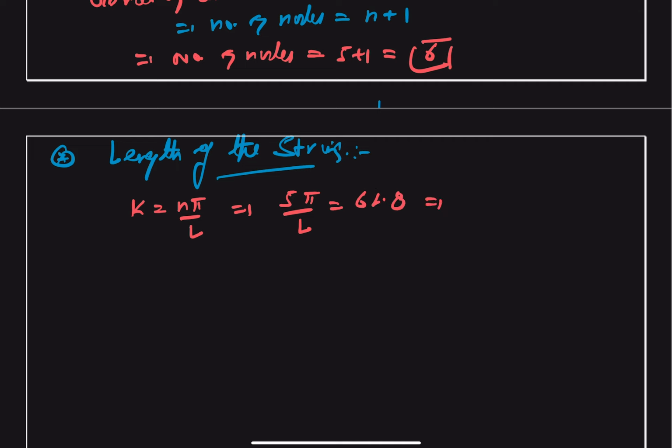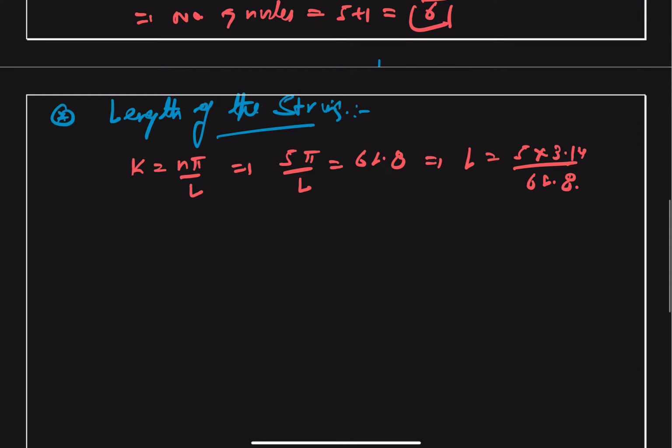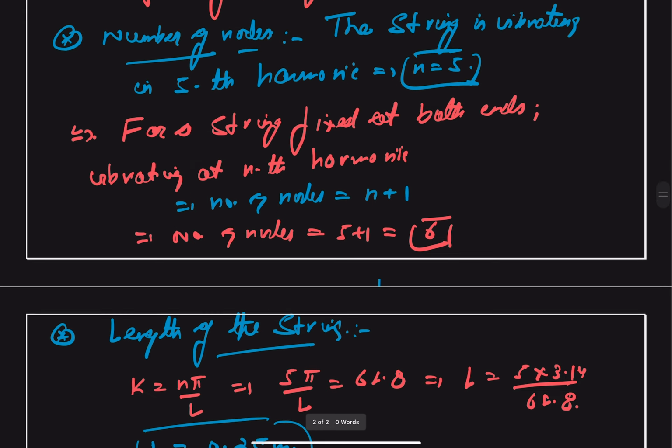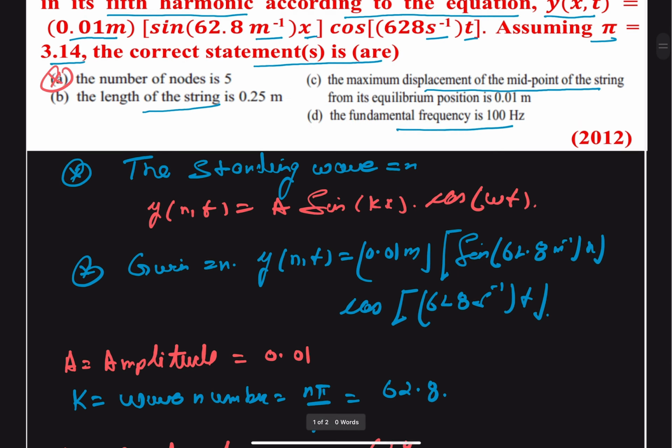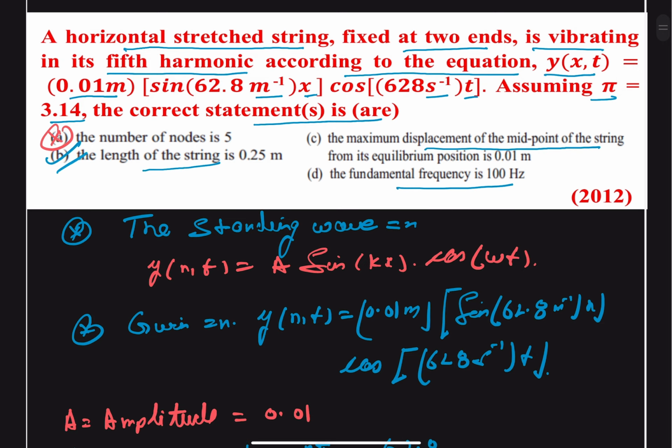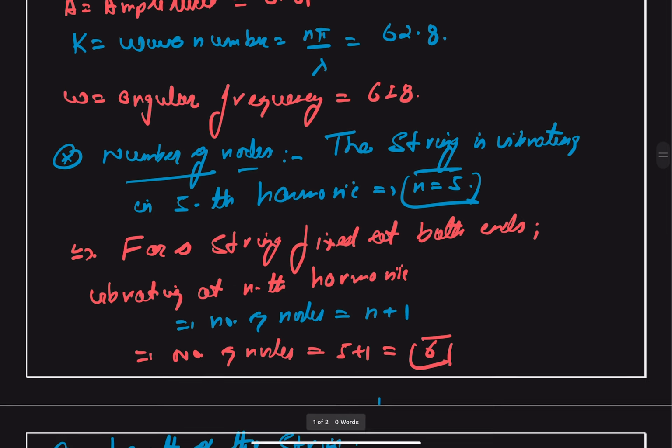We can say the value of L will be equal to 3.14 divided by 62.8. So this gives us that the length of the string will be approximately equal to 0.25 meters. So option B is the correct option. Length of string is 0.25 meters.